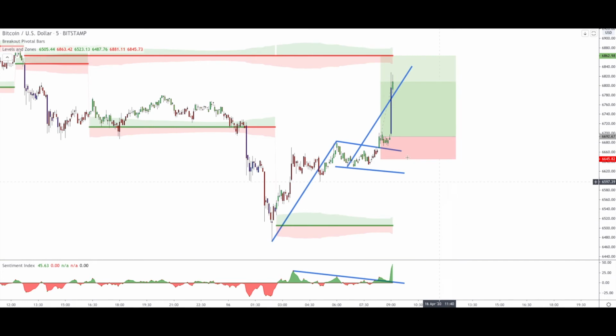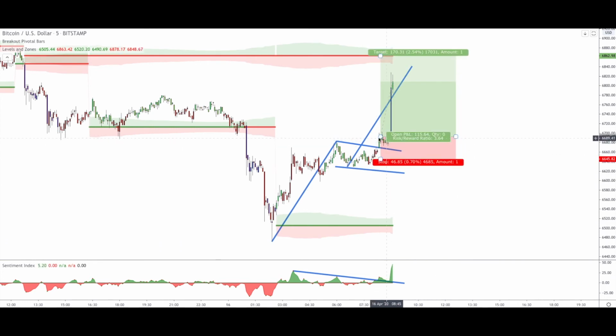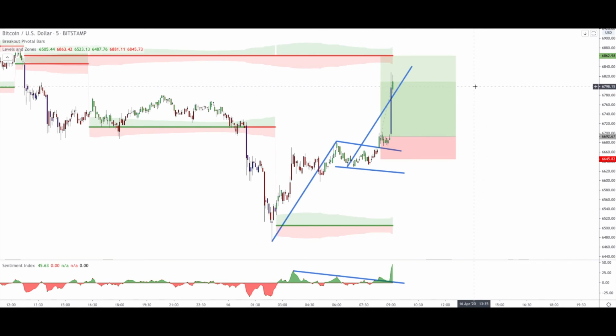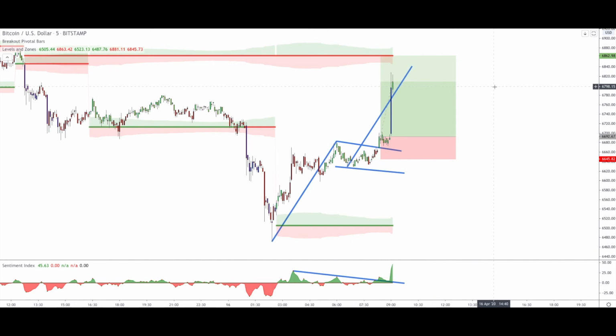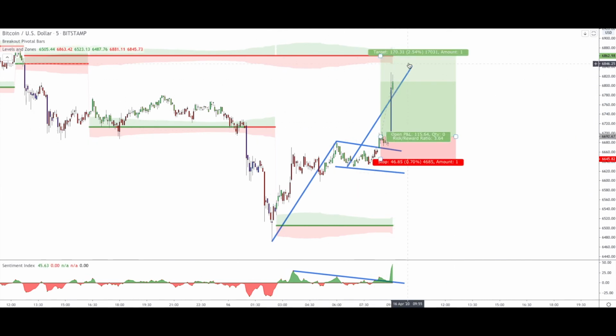So the price went a little bit sideways initially, and then it popped like crazy. What I did was that I moved the target up to the resistance up here, like I discussed before, because when you have this kind of price action where the price just skyrockets this high with a long candle like this, in this kind of setups, then the chances that it will continue in this kind of trend are very high.